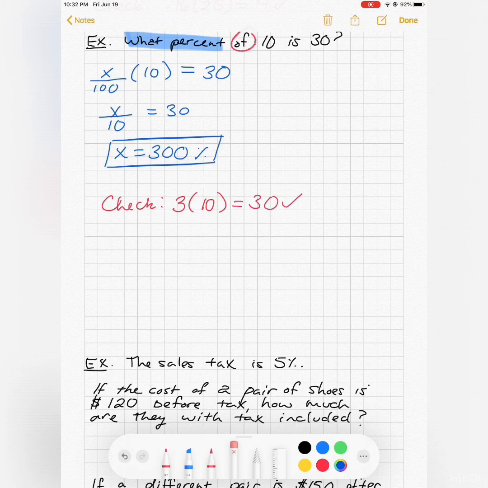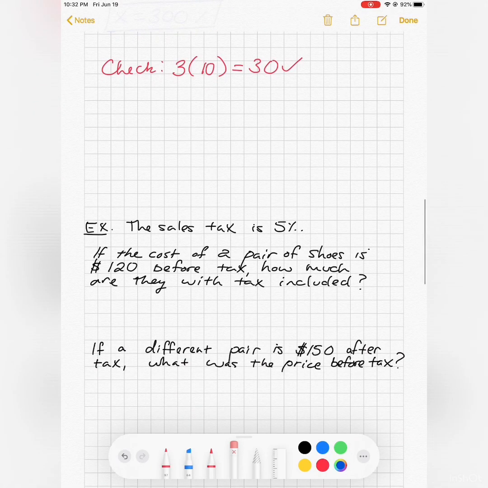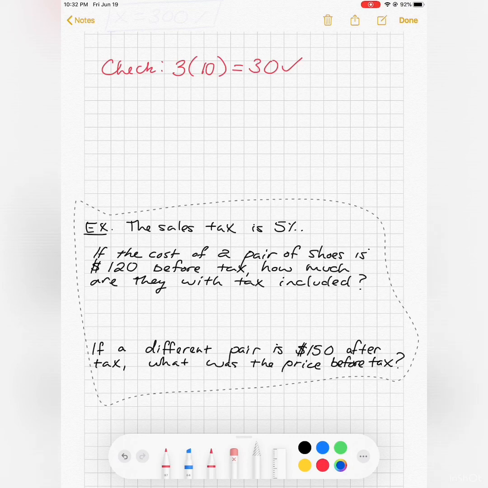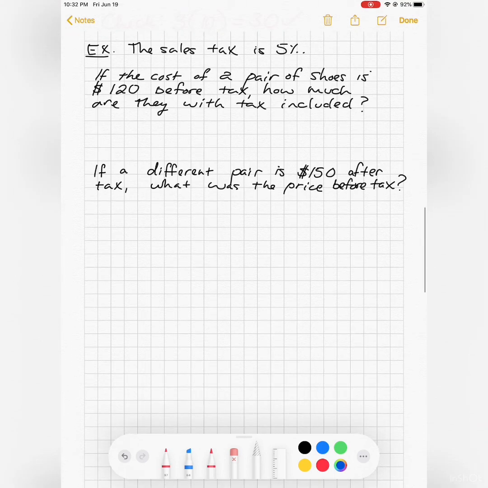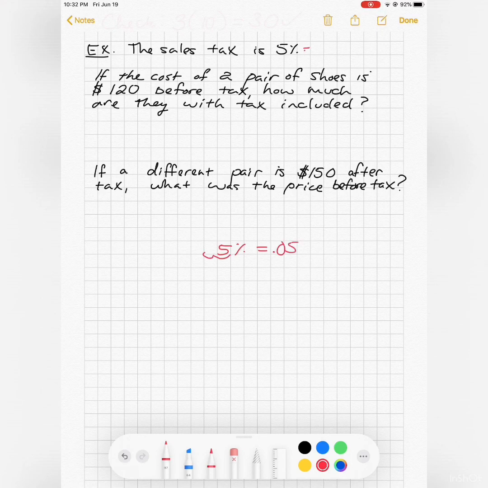So that checks as well. Okay, what about this? The sales tax is 5%. So if I want to go ahead and convert that into a decimal, I could do that. Probably be useful.